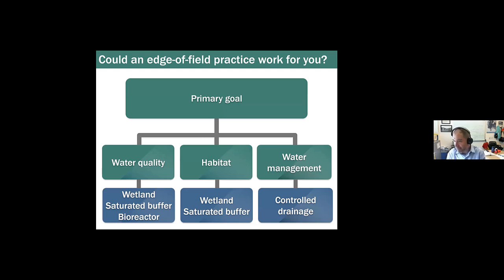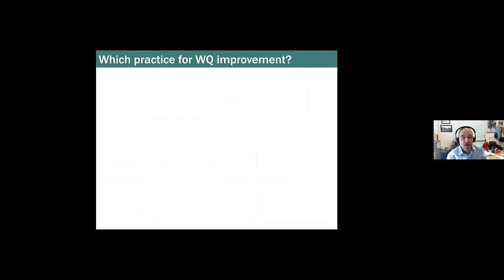If habitat is our primary goal, we're probably thinking about wetlands and saturated buffers. And then just to give a full picture of what's in the decision trees, there is some on water management. But if we're interested in water quality, we'll probably go into that wetland, saturated buffer, or bioreactor. And we'll talk more about the saturated buffer and bioreactor, less about the wetlands as we move forward.